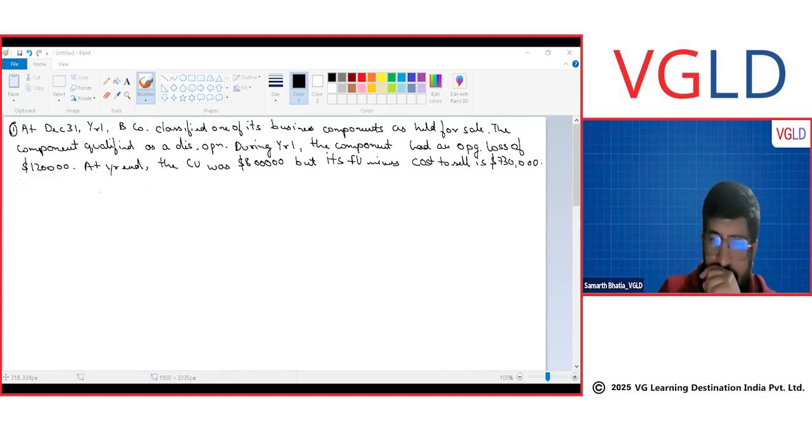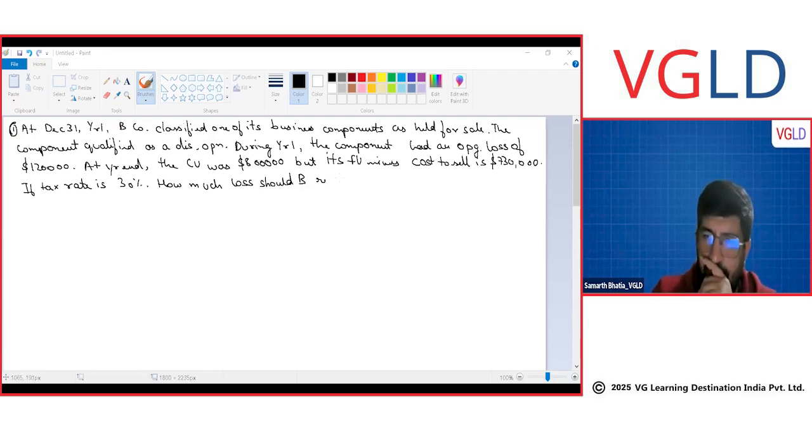So if the tax rate is 30%, how much loss should we report in discontinued operations in year 1?